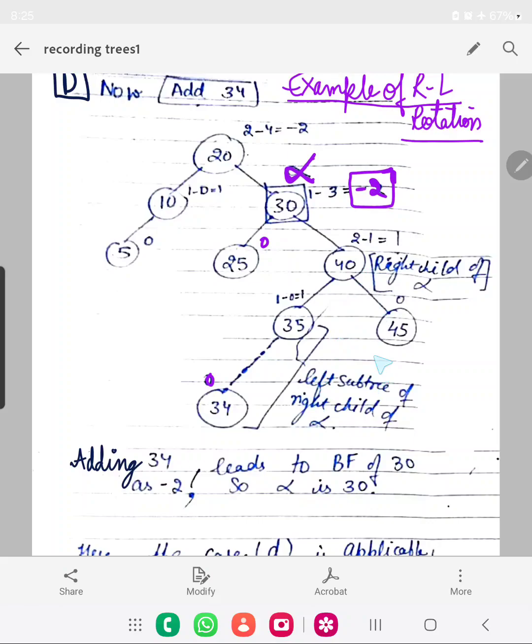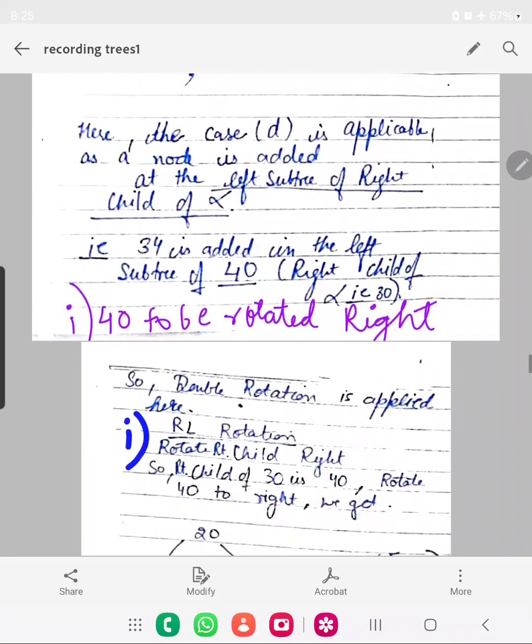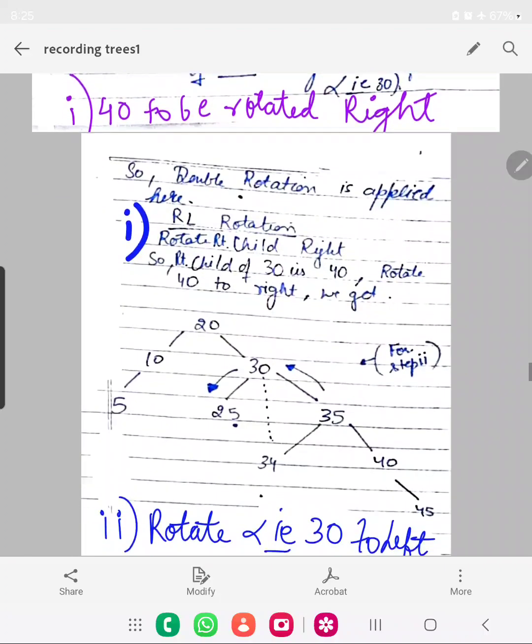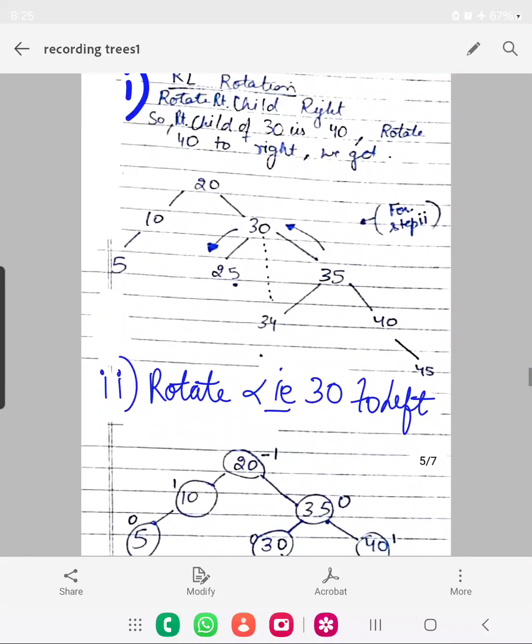After the first rotation is applied, moving 40 to right, we will get this. See, 35 moved up, 40 was rotated to the right, and 34 was at the left of 35.